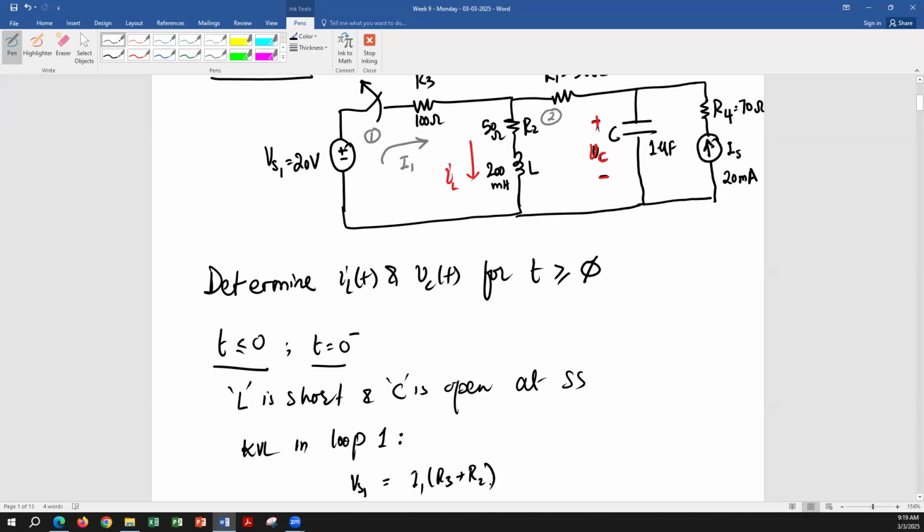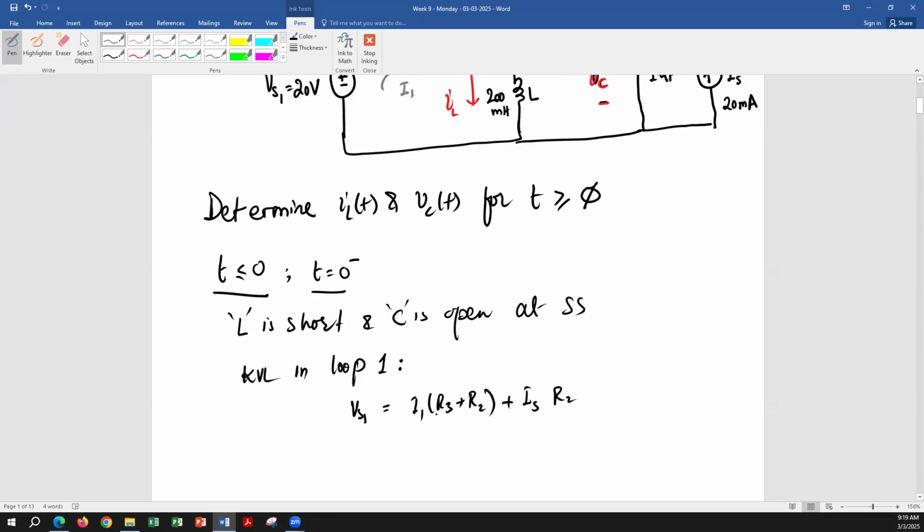Are you sure? Minus? Plus. IS direction is the same as I1 direction. So VS1 equals I1 (R3 plus R2) plus IS R2. From that, we can find the value of I1.